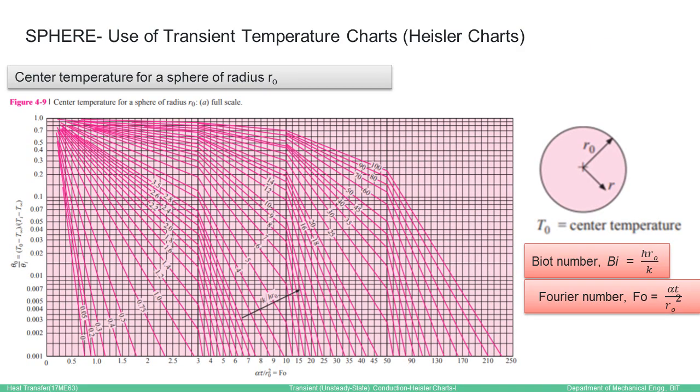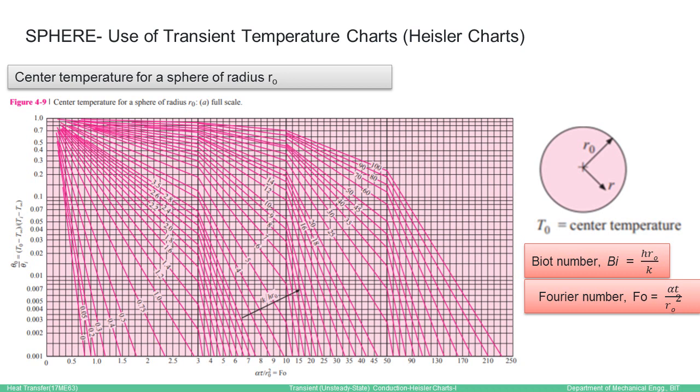When it comes to a sphere of radius r naught, the terminology that changes is the center temperature. Earlier for slabs it is called the midplane temperature or centerline temperature, whereas for cylinders T naught is the axis temperature or centerline temperature.